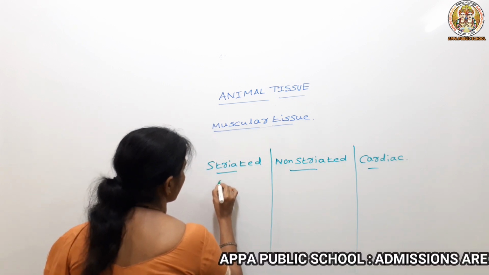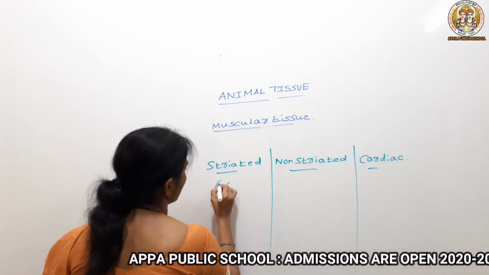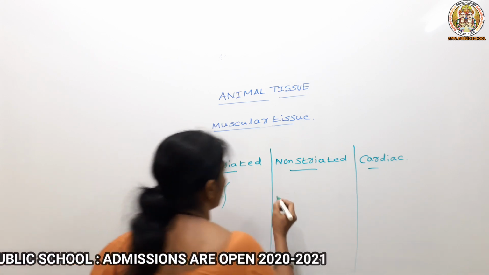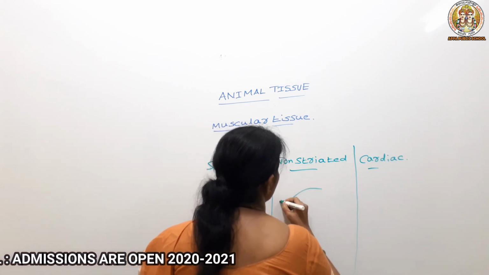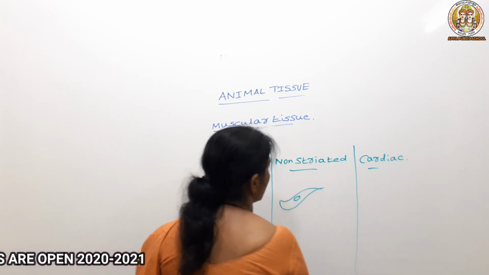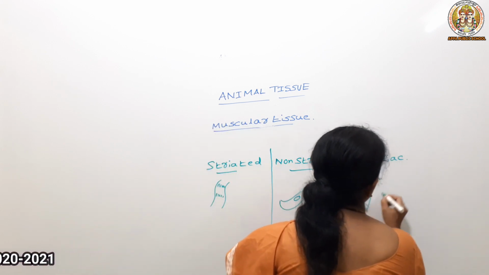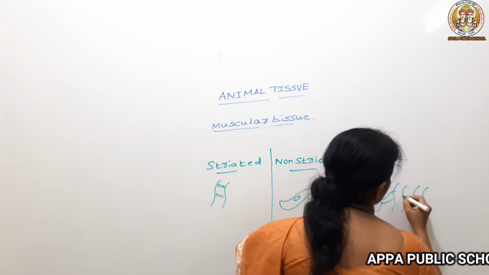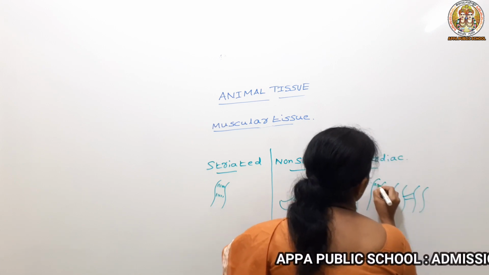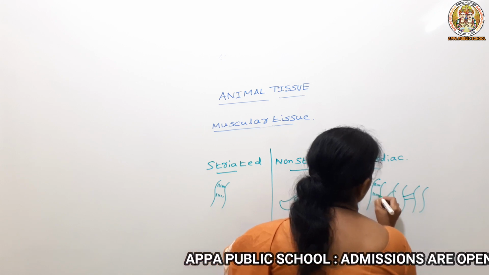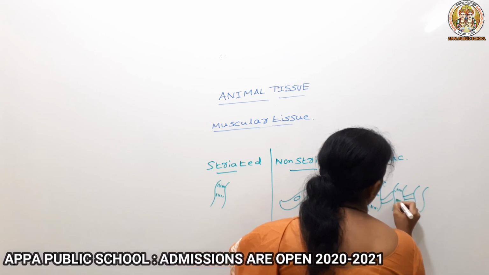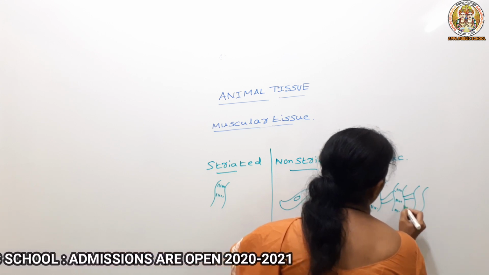In the striated muscular tissue, there is no branch, but striations can be seen like this. But in non-striated, you can see a spindle-shaped structure, and in cardiac, it is a branched structure, and you can see the striations in between. These are the striations, dark and light bands, and it has nuclei in between.